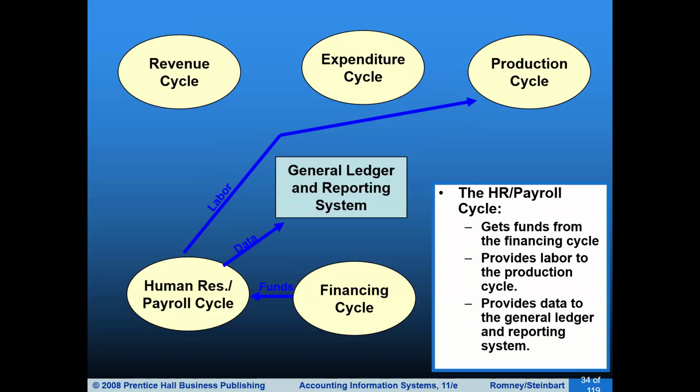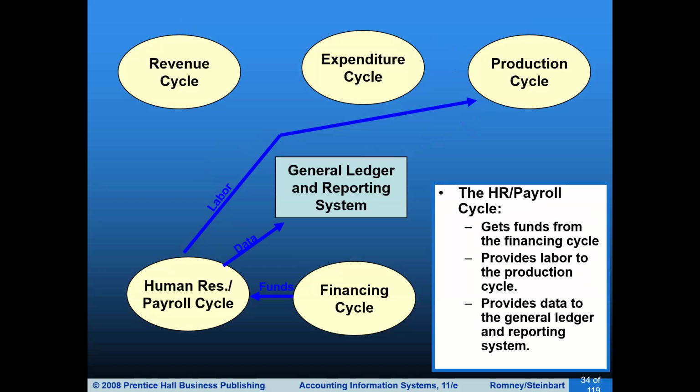Then the human resource cycle gets funds from the financing cycle, provides labor to the production cycle, and provides data to the general ledger.